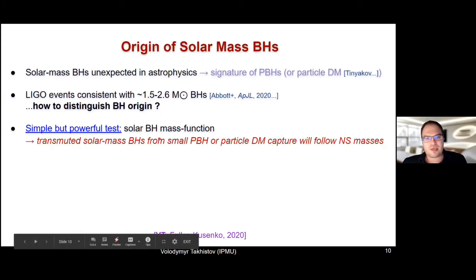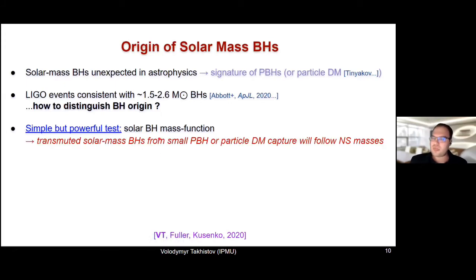Because even though you can form primordial black holes of solar mass, black holes of solar mass that are formed by destruction by small PBHs or by particle dark matter accumulation in neutron stars should follow the mass distribution of neutron stars. And that is, of course, totally different from solar mass primordial black holes formed in the early universe.